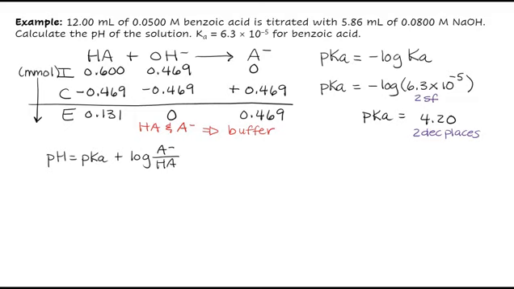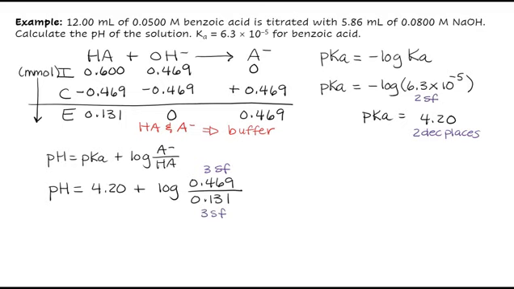Now we have everything we need to plug into the Henderson-Hasselbalch equation. pH equals pKa, 4.20, plus log of A- 0.469 divided by 0.131. Taking a look at our sig figs in our log term, numerator and denominator each has 3 sig figs.